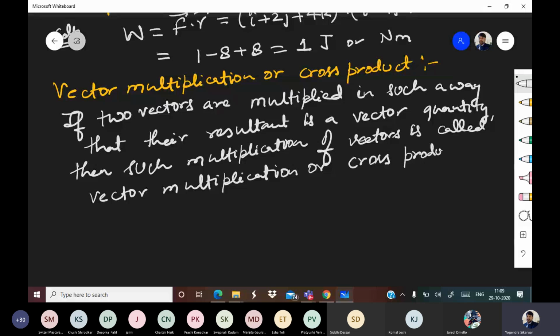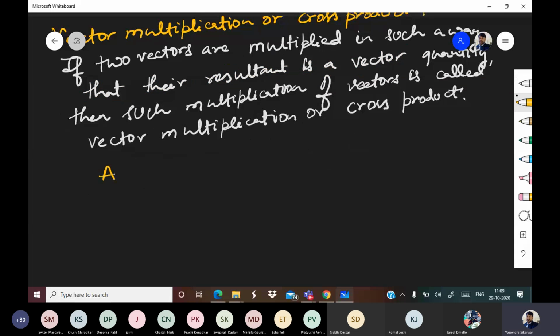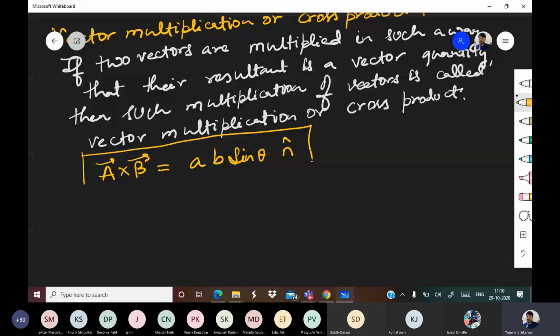Very nice. So A vector cross B vector will be A into B into sine theta into n cap. So A vector cross B vector is equal to AB sine theta n cap. Okay, so what is A here?